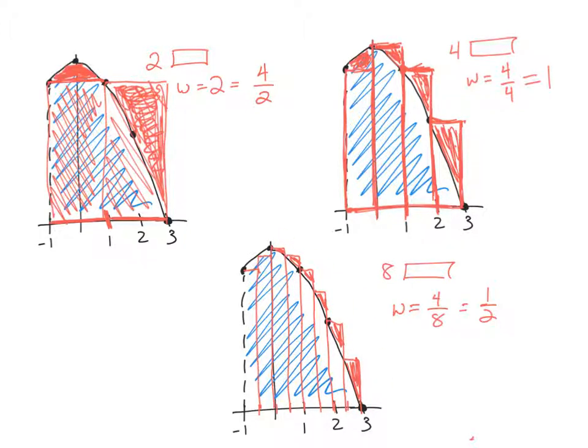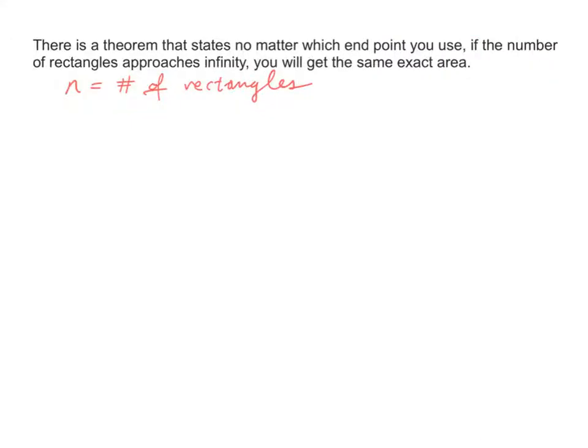So it seems like as the number of rectangles increases, the closer and closer and closer we get to the exact area. There's a theorem that states no matter which endpoint you use, if the number of rectangles approaches infinity, you will get the same exact area.